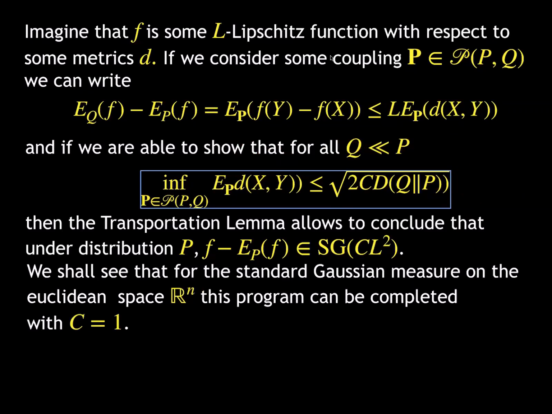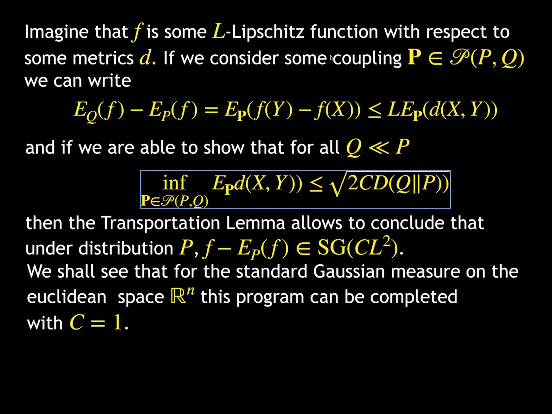Okay. So here you see the connection is very simple. In the case where the function is Lipschitz, you have a natural cost function, which is the distance. And if you are able to relate the transportation cost with this cost function to relative entropy, then the transportation lemma tells you readily that you have a concentration.